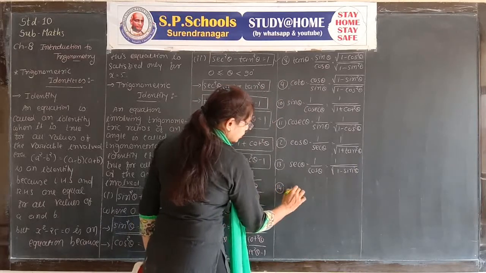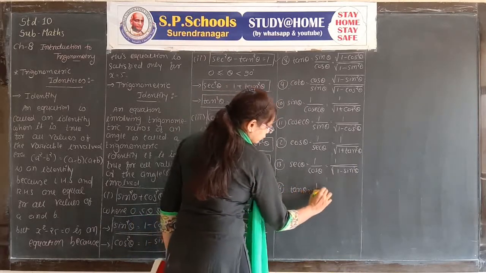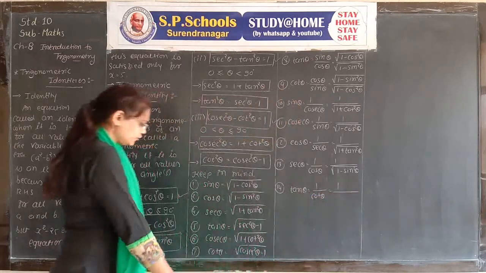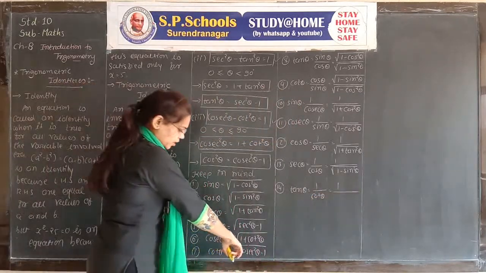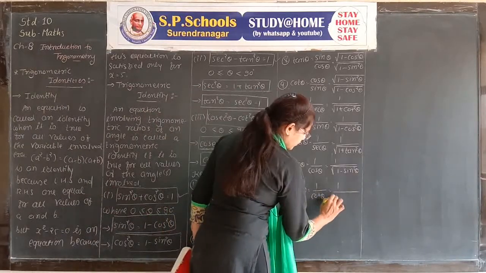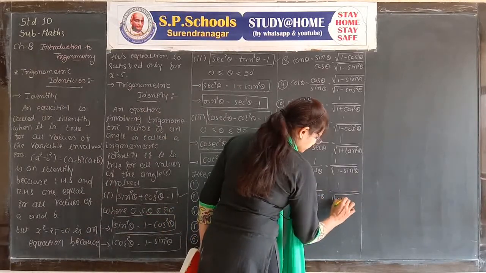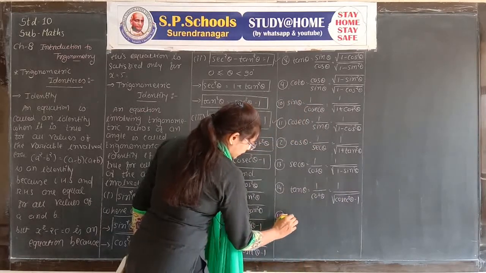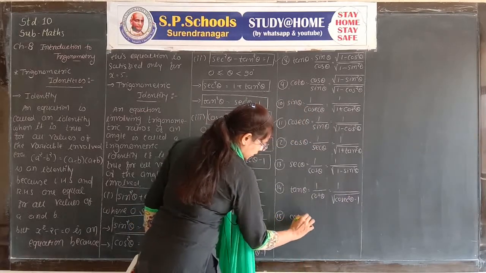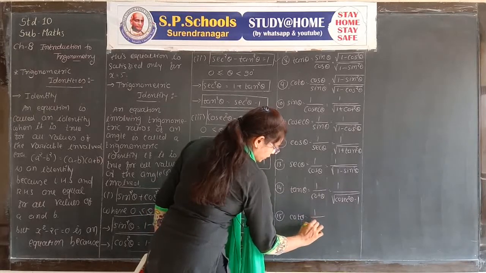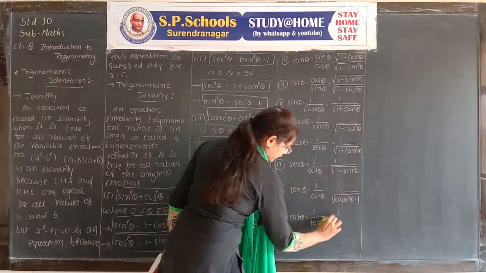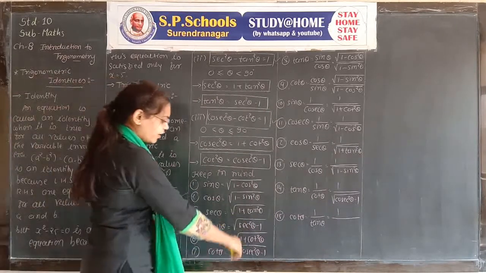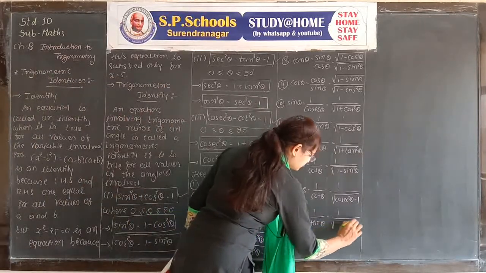Now tan and cot. Tan theta is equal to 1 upon cot theta. But the value of cot theta in form of cosec is square root of cosec square theta minus 1. Next, cot theta is equal to 1 upon tan theta, and instead of tan theta it is square root of sec square theta minus 1.